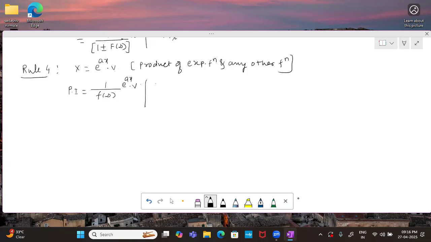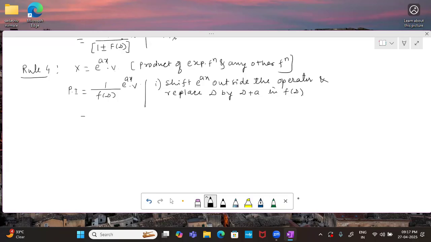The first thing in this case is to shift e raised to ax outside the operator and replace D by D plus a in f of D. That is the first step.